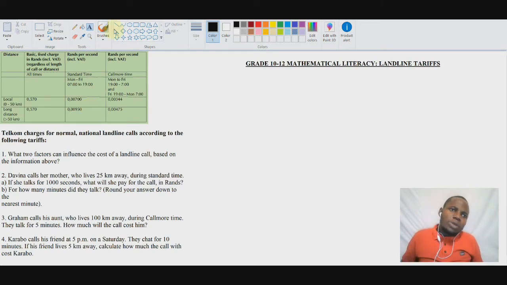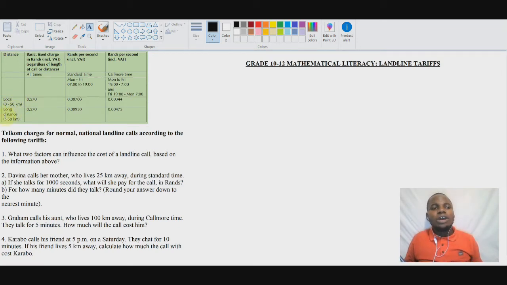Okay, now in a telephone tariff, you will have the distance written here, right? So in the distance, you also have local, like I have mentioned to you. The local in this case, they said any call between 0 to 50 kilometers is regarded as a local call, right?